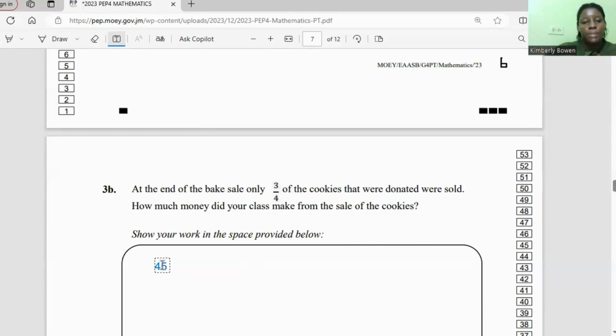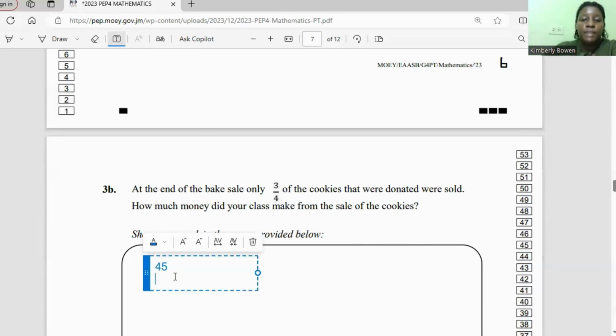I can multiply it through, but I won't do that. I just did it mentally. That's 45. I'll multiply 45 now by the cost of the cookies. And the cost of the cookies is $20. So I can multiply 45 times 20 now.